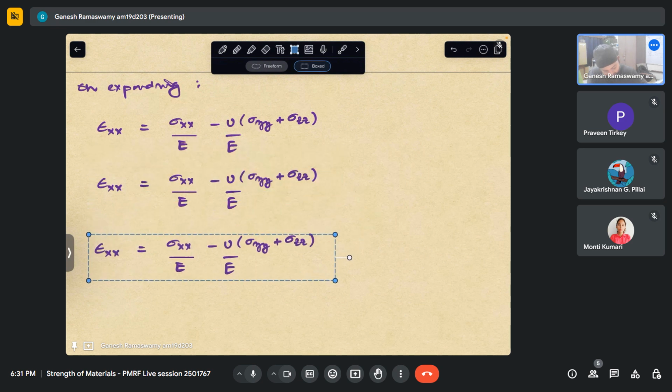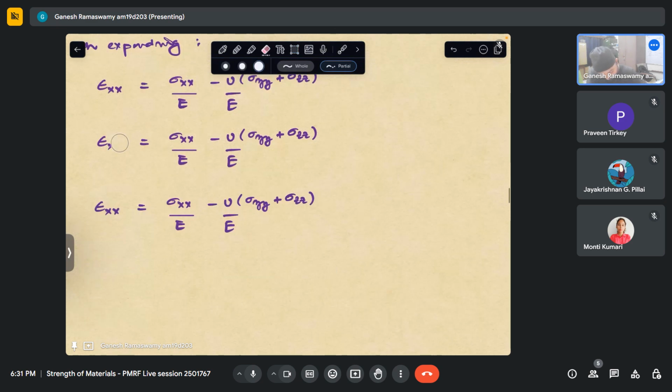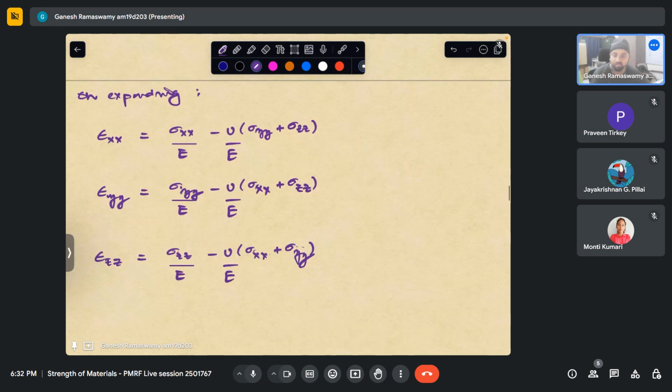So I can just quickly populate that, just so it is there somewhere. So this will be yy, xz, and this will be z, x and y. This goes for the normal strains.